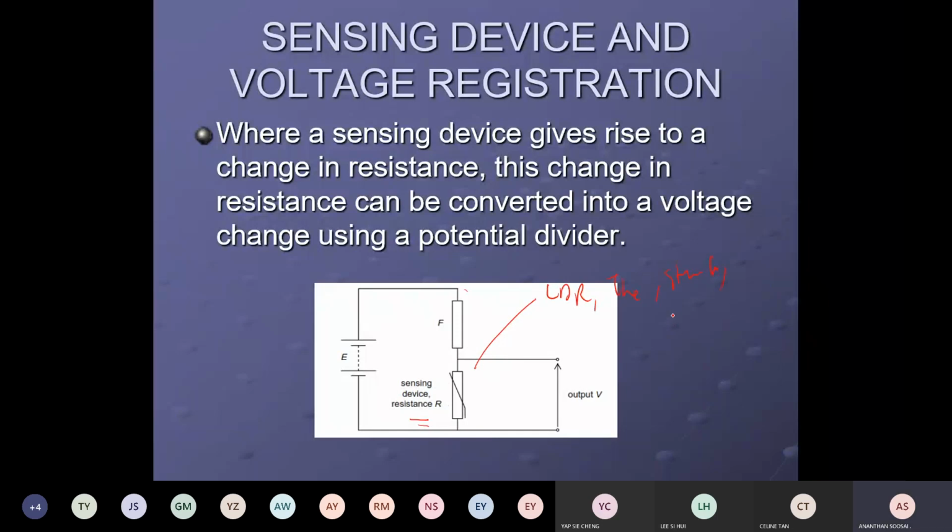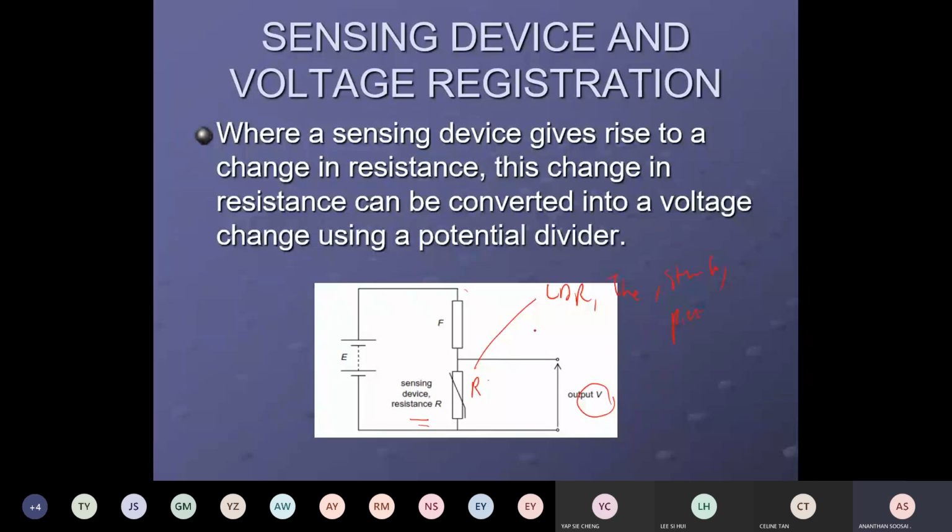The fourth one, piezoelectric transducer, will be fixed at the bottom. Another resistor is fixed at the top with a power supply. So what happened? When the sensor senses a different quantity they measure, its resistance is going to change. Therefore, the voltage across them is going to change according to the DC circuit.